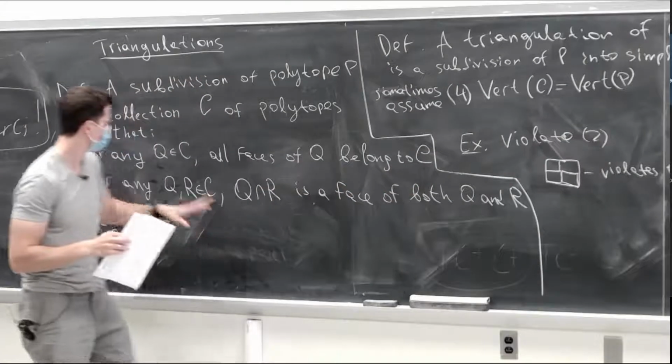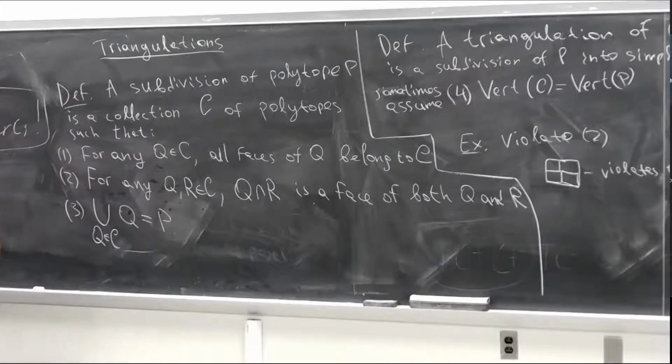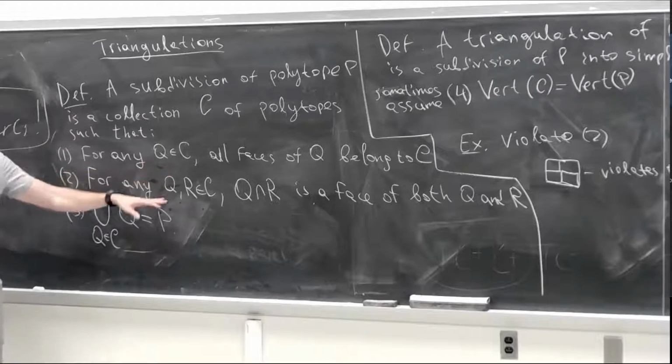In particular, this condition should apply to all lower dimensional faces of all my polytopes. But of course, when thinking about polytopes, I'm usually only going to think about the top dimensional ones. But it usually makes sense to include them.